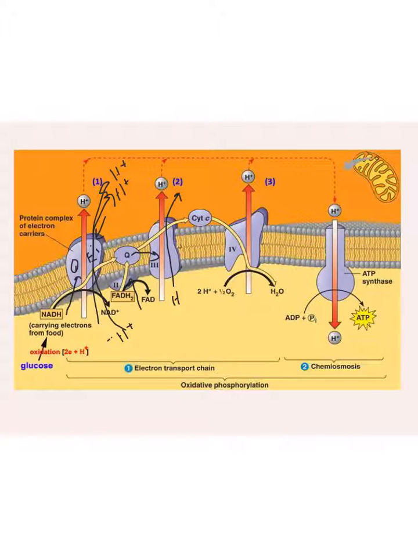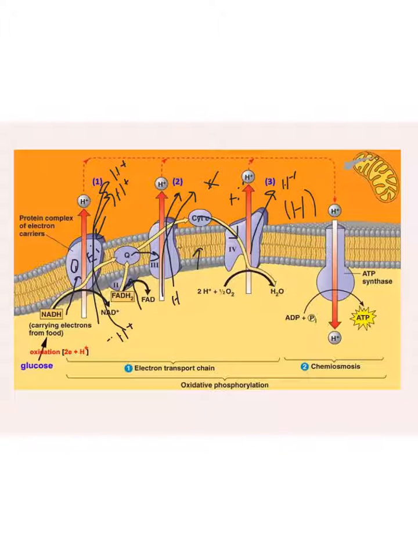This is the inner membrane of the mitochondria, and this is between the outer membrane and the inner membrane, so it's being passed into this outer membrane space. It then gets passed to cytochrome C, which takes it to the 4th complex, which also pumps 2 more hydrogen ions outside. So we're getting a high concentration of hydrogen ions out here.